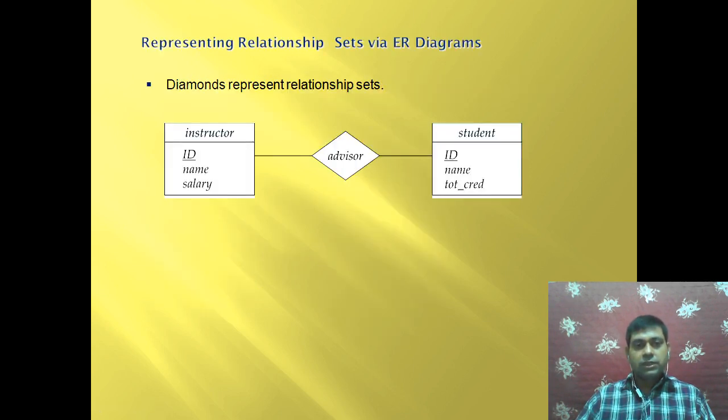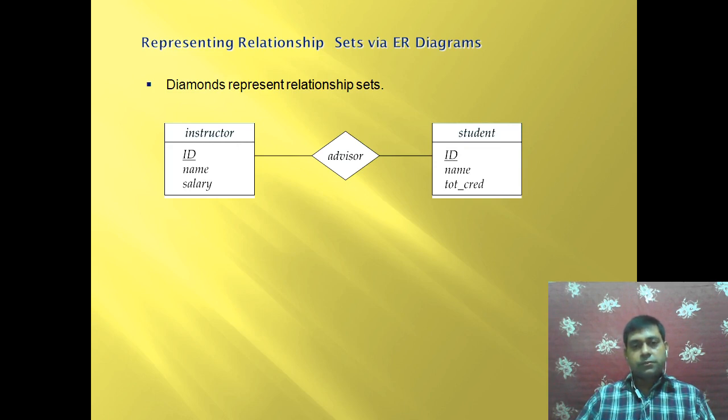Now, the diamond represents relationship sets, so that we already showed in the previous slide, and here this is the entity in a rectangular box, this is also an entity, and they are connected through this relationship, this one.